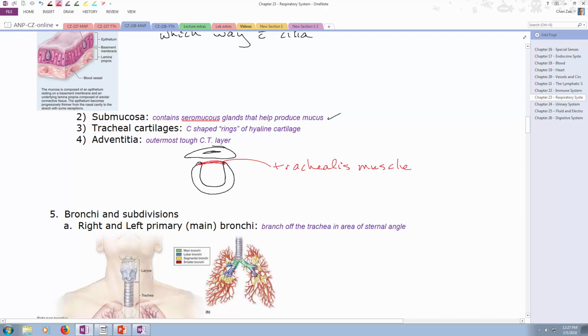So we have this trachealis muscle that's a smooth muscle that is typically somewhat contracted. And this helps to keep the two ends of the C cartilage where they are and keep the lumen of the trachea patent. However, when you swallow food, we just talked about a moment ago, what does your breathing do when you swallow food? It stops.